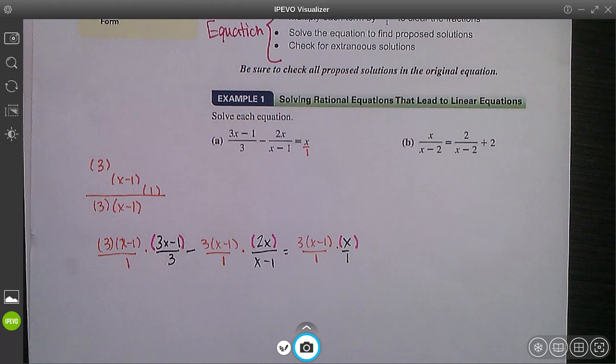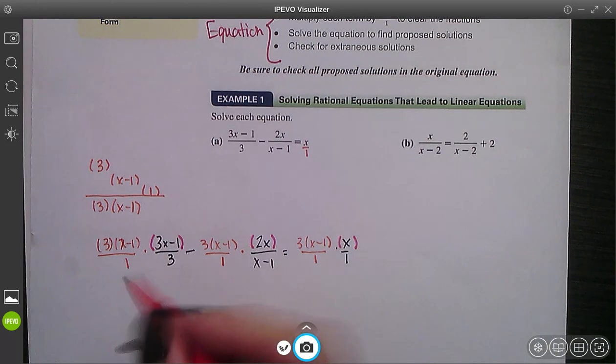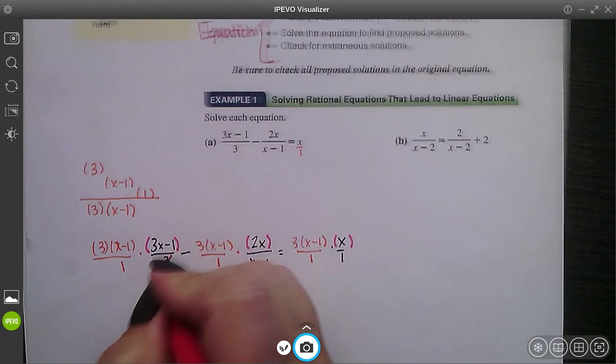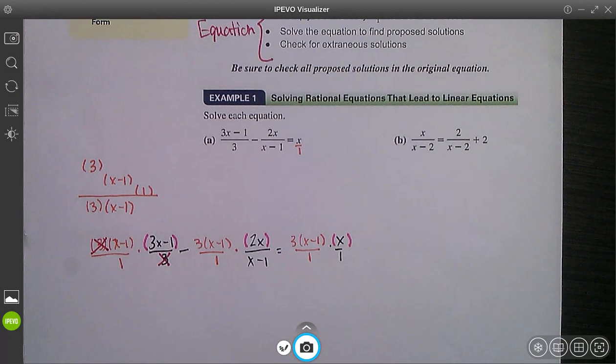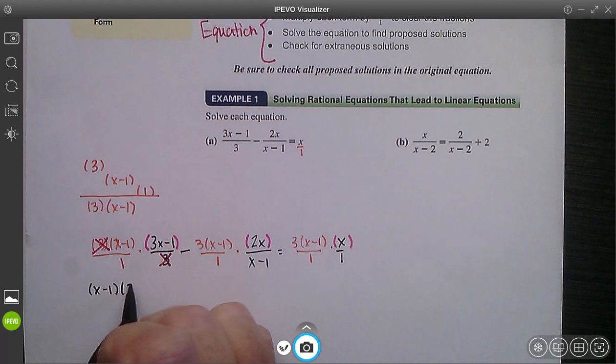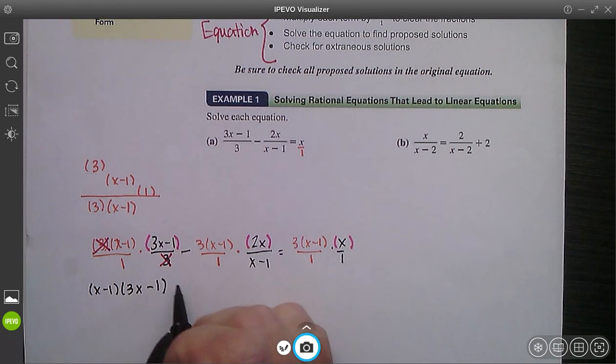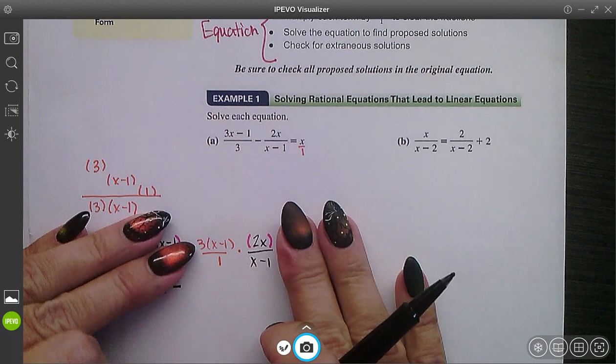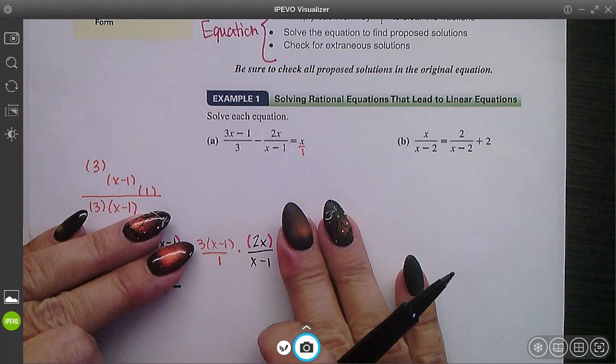And then I'm going to go ahead and cancel out any common factors from the numerator and denominator. So in this first term here, I have a 3 and a 3. So I'll cross those out, and that's going to leave me with x minus 1 times 3x minus 1. In this second chunk here, I have an x minus 1 in common.